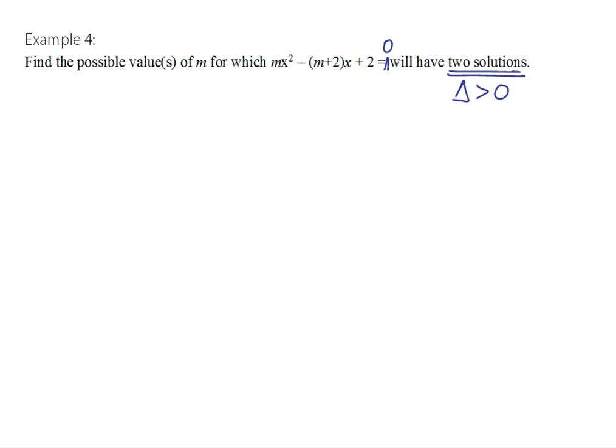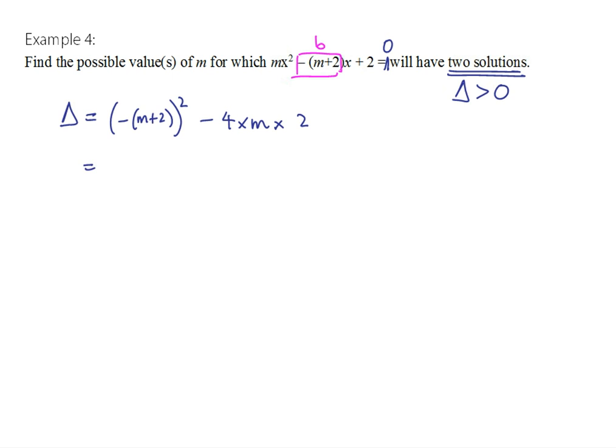So we need to think about the discriminant. The discriminant is b squared minus 4ac, and we need to be careful about b here. b is actually negative (m plus 2), and then we're going to square all that, because we want b squared minus 4 times a times c.